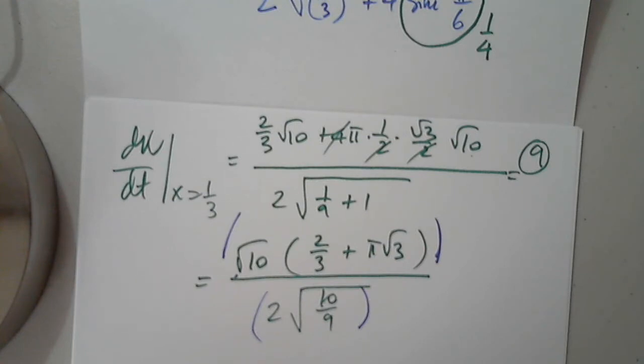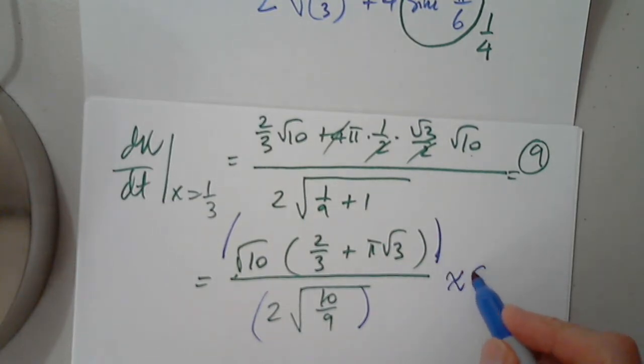No, I did not. Hold on. So I need one more. So I have parentheses around the whole numerator. I have the square root of 10, I have 2/3 plus pi times the square root of 3, and this is correct now. Divided by left parenthesis 2 times the square root of 10/9, and another parenthesis outside.